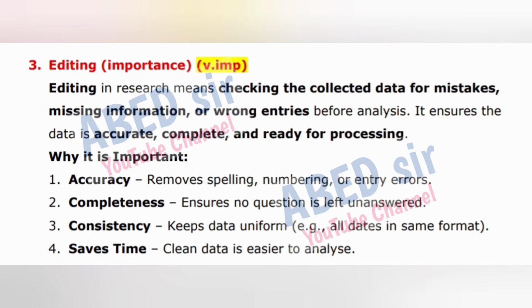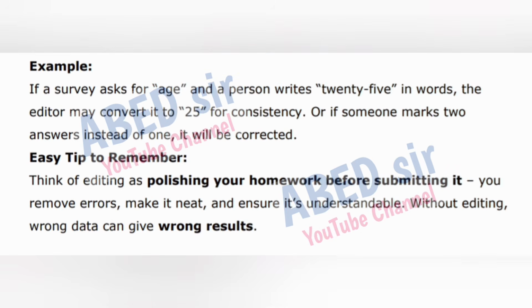3. Consistency keeps data uniform. Example: all dates in same format. 4. Saves time. Clean data is easier to analyze. Example: if a survey asks for age and a person writes 25 in words, the editor may convert it to 25 for consistency.